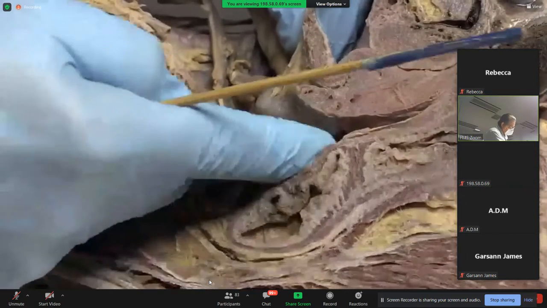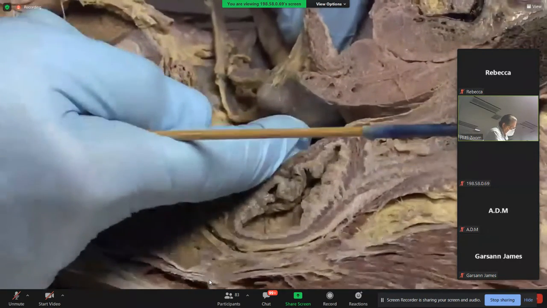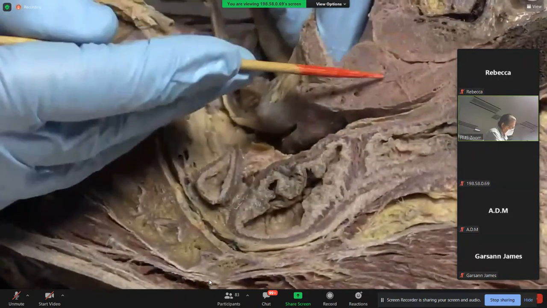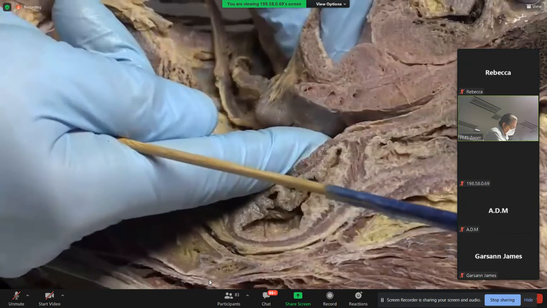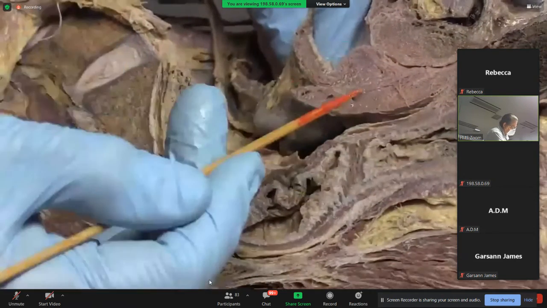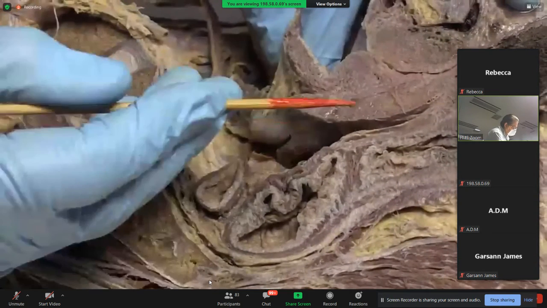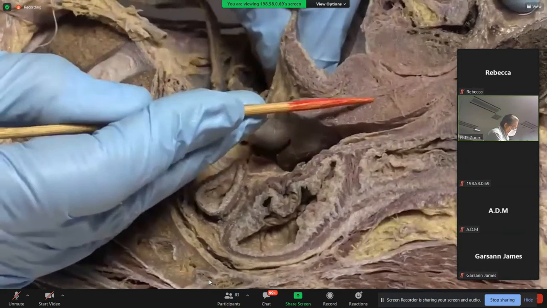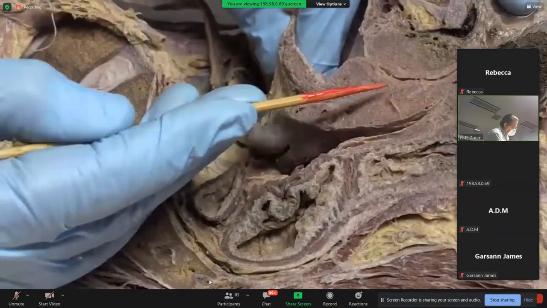The volume of the semen comes from the seminal vesicle and from the prostate. If we squeeze that, we see fluid coming out; that's the ejaculatory duct, running through the prostate to join the prostatic urethra.